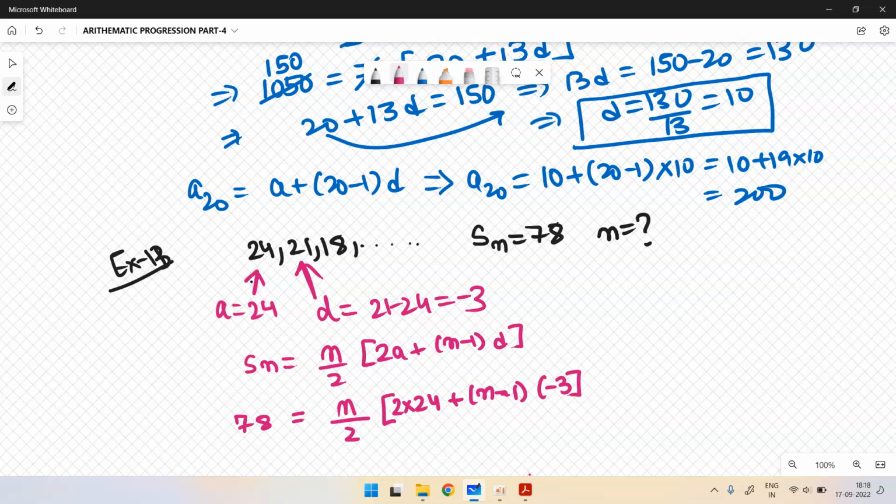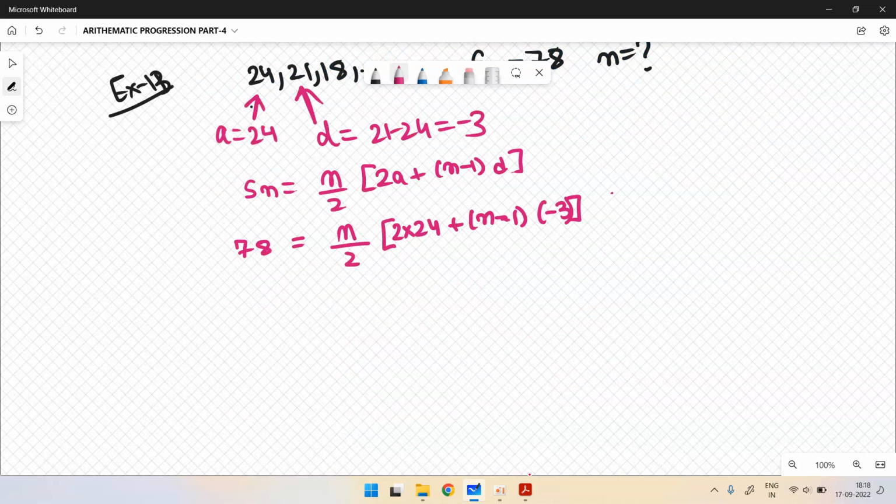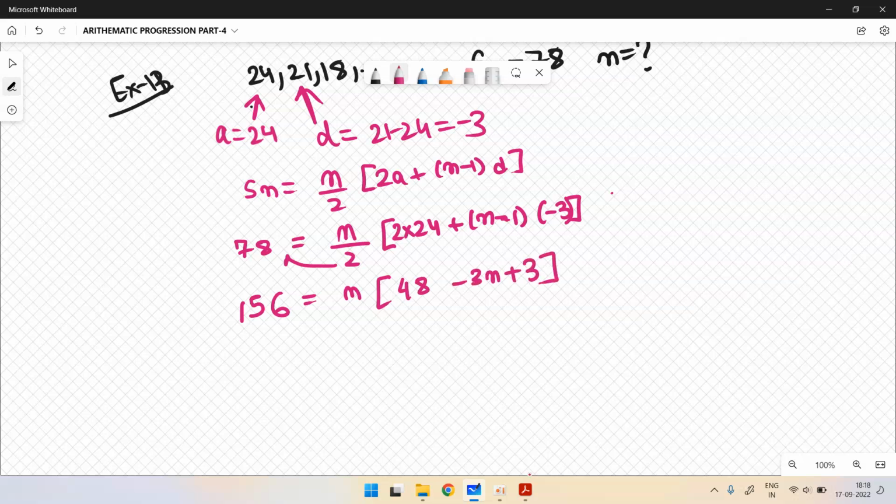If you take the 2 to this side, this is 156 equals n into 48 minus 3n plus 3. So 156 equals 48 plus 3, which is 51n minus 3n square.